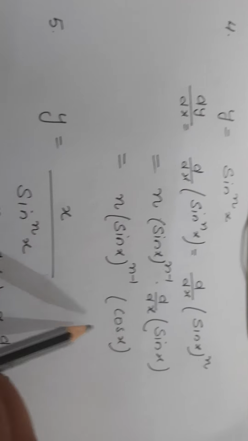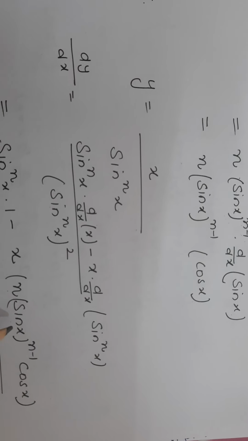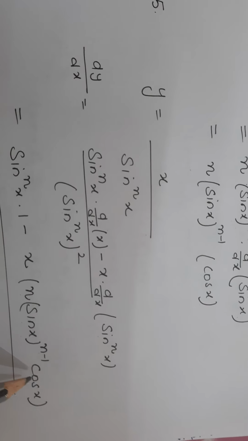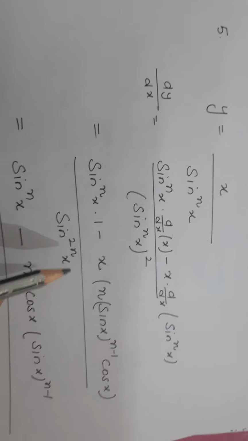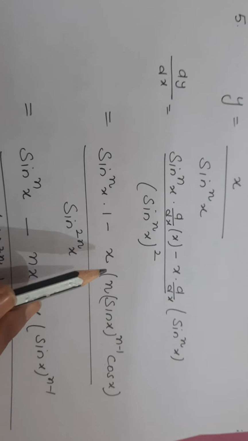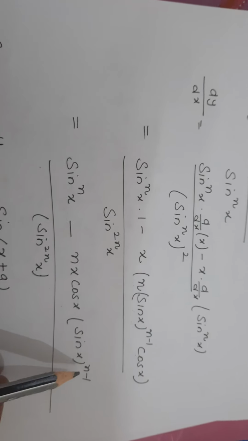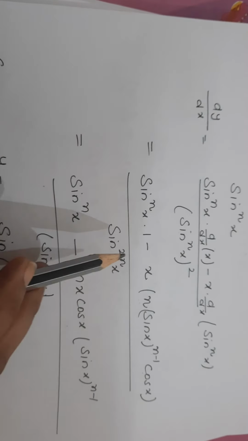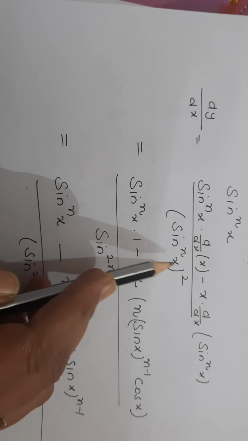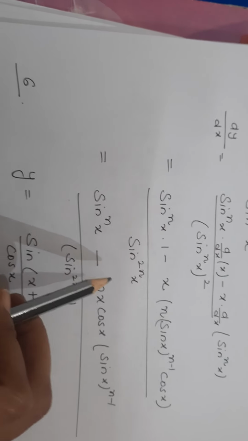So from here I am writing the answer, that is, first the power rule, n into (sin x) whole power n minus 1, into, by chain rule, the derivative of sin x, which is cos x. So this is (sin x)^n minus x into n into cos x into sin x raised to the power n minus 1. And this is over (sin x)^n whole power 2. It can be written as (sin x) raised to the power 2n.